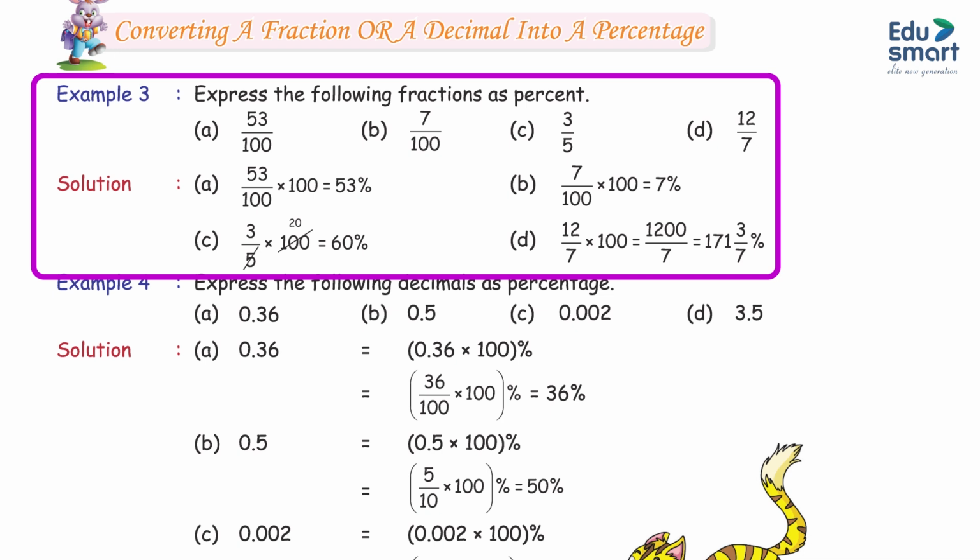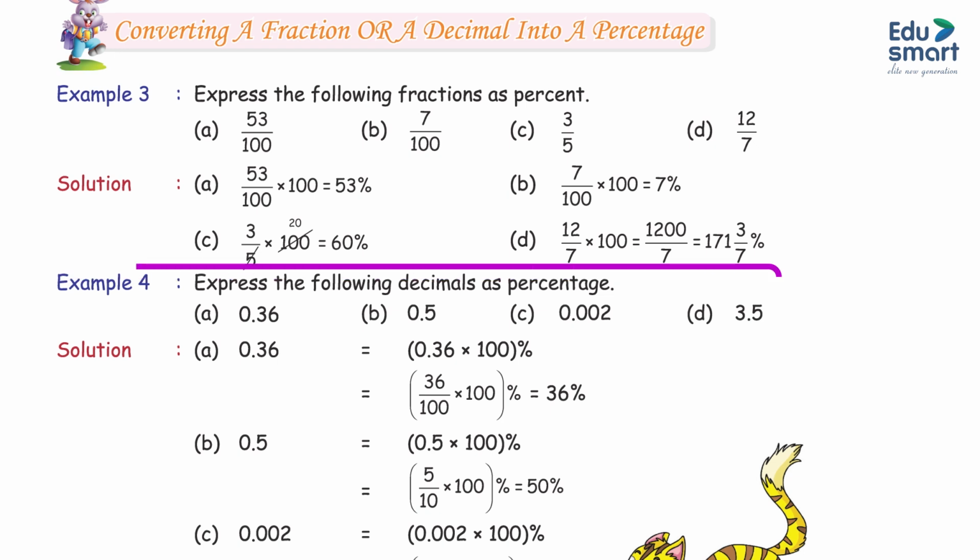Solution: A 53 upon 100 into 100 is equal to 53%. B 7 upon 100 into 100 is equal to 7%. C 3 upon 5 into 100 is equal to 60%. D 12 upon 7 into 100 is equal to 1200 upon 7 is equal to 171 3 upon 5%.